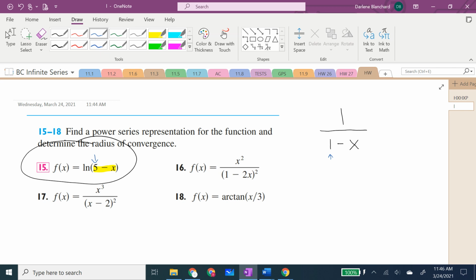And what you can do is you can make this become that number 5 without changing the function you're working with by multiplying the numerator and denominator by 5. So that means that you don't even have to change the power series, and it is automatically going to be this function.